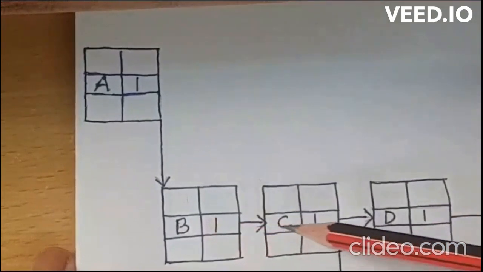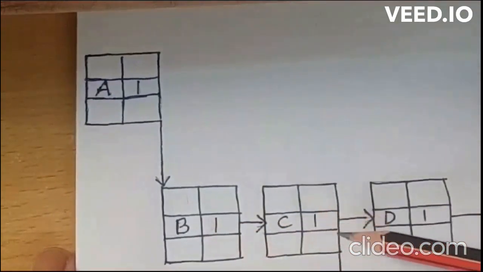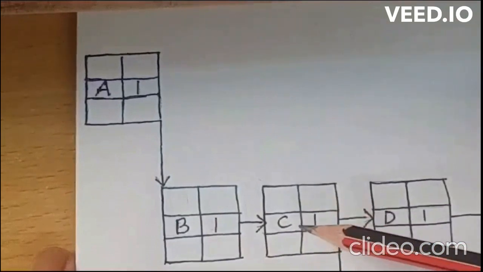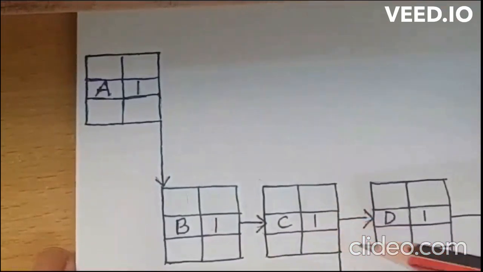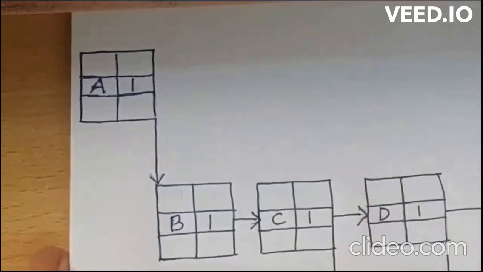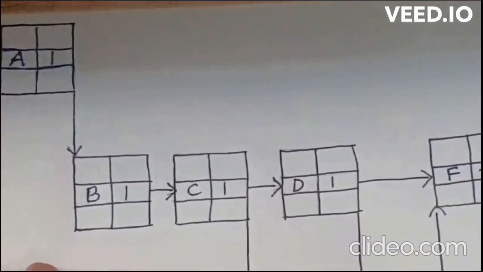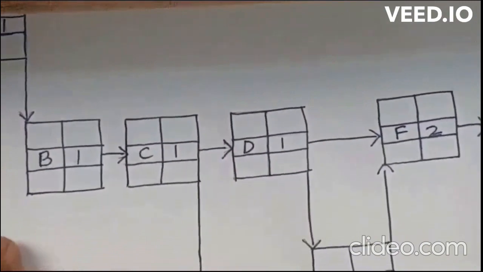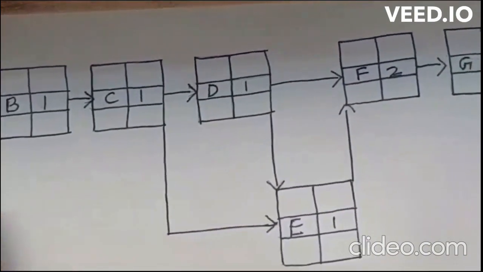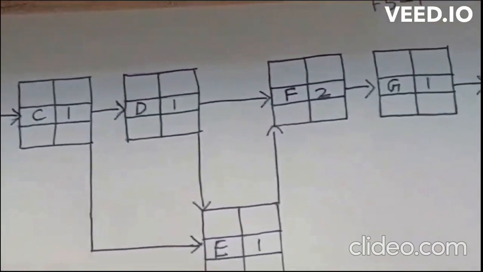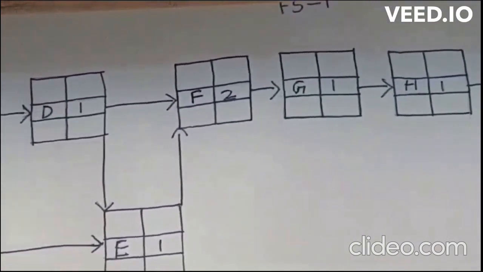Similarly, you draw all the boxes and mention their activity codes along with the durations. If there is a space constraint, you can draw it down also, like this, and you can see all the activities here.